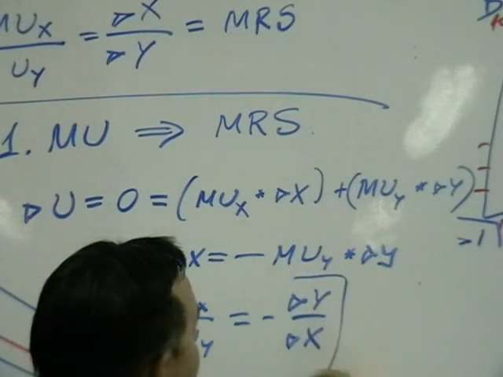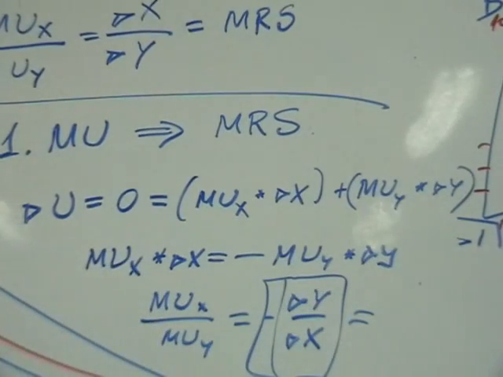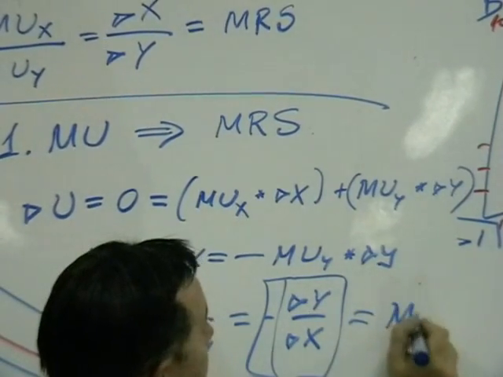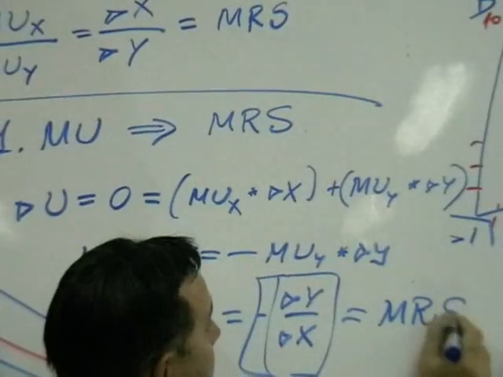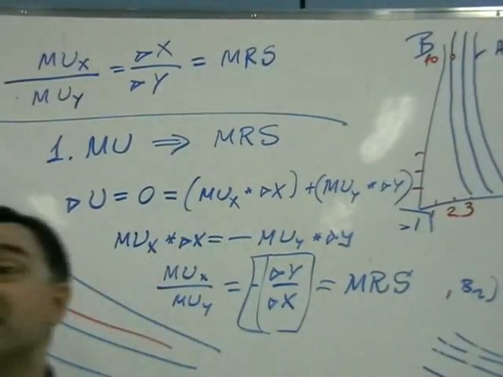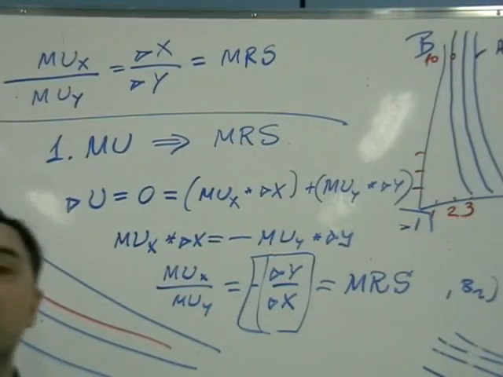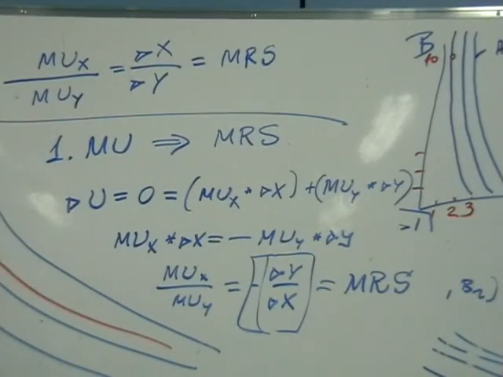And this delta Y divided by delta X, sometimes with the minus sign, equals the marginal rate of substitution. So this is just actually elementary math. We call it the full derivative. So we call it partial derivative and full derivative.